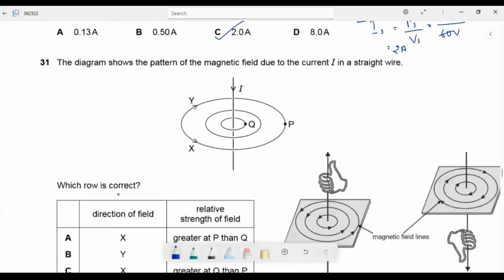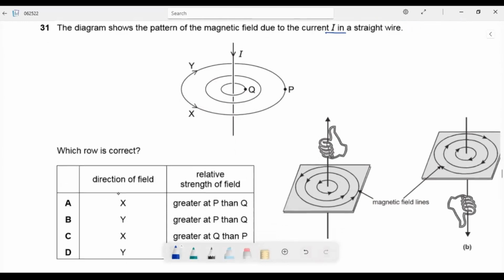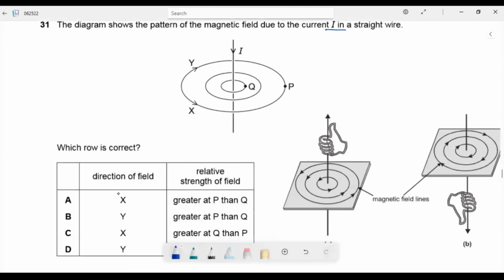The diagram shows the pattern of magnetic field due to current I in a straight wire. Which row is correct? So here you can see the current is flowing in the downward direction. So here we are applying the right hand Maxwell's thumb rule.